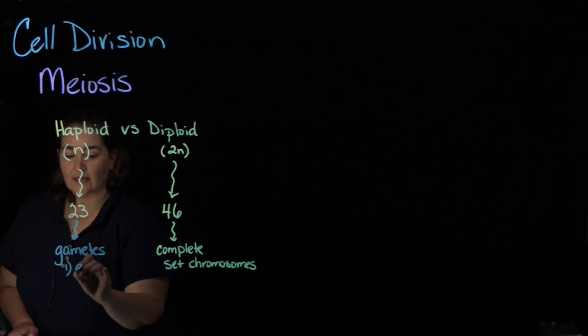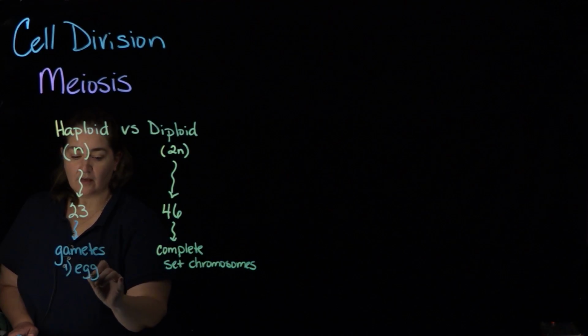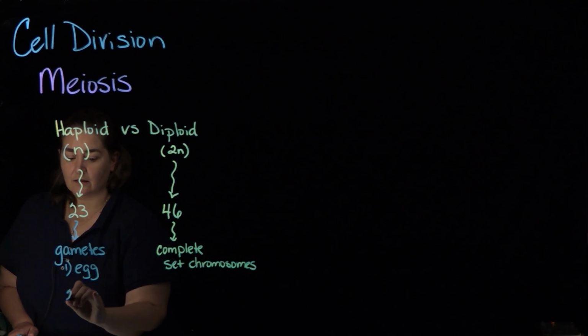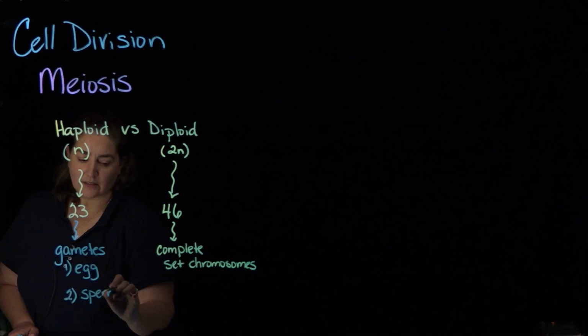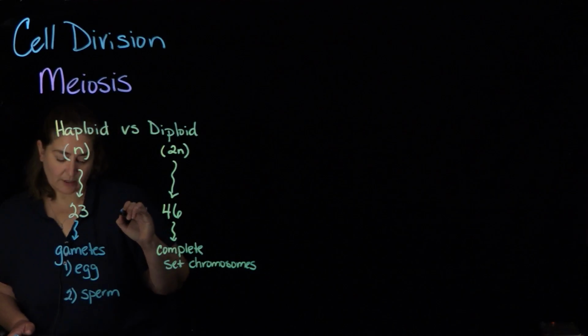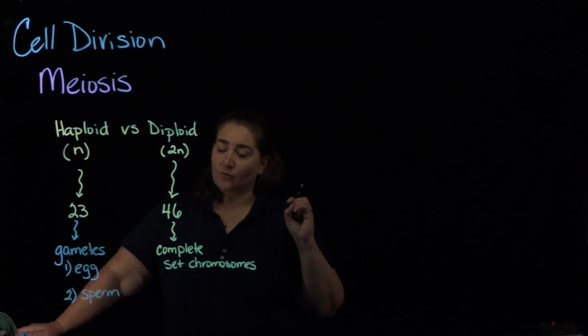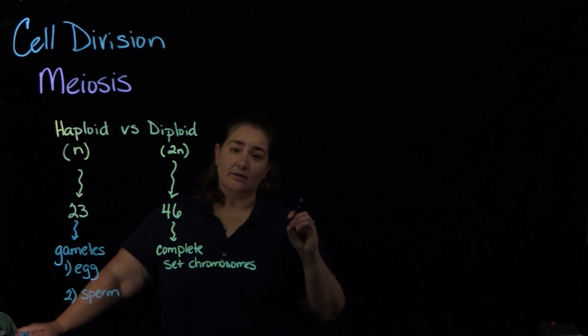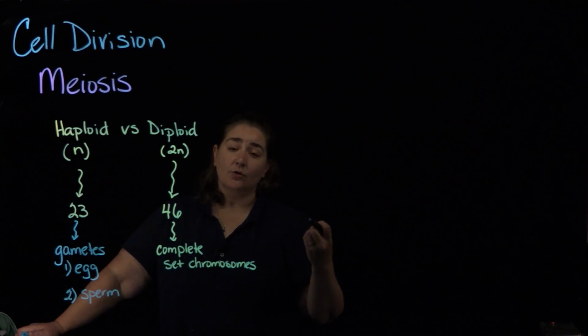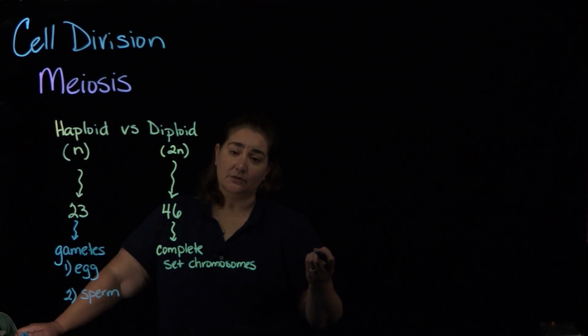The gametes in females are the egg, and in males, the sperm. So the haploid versus diploid number is how we essentially count or keep track of the number of chromosomes present.